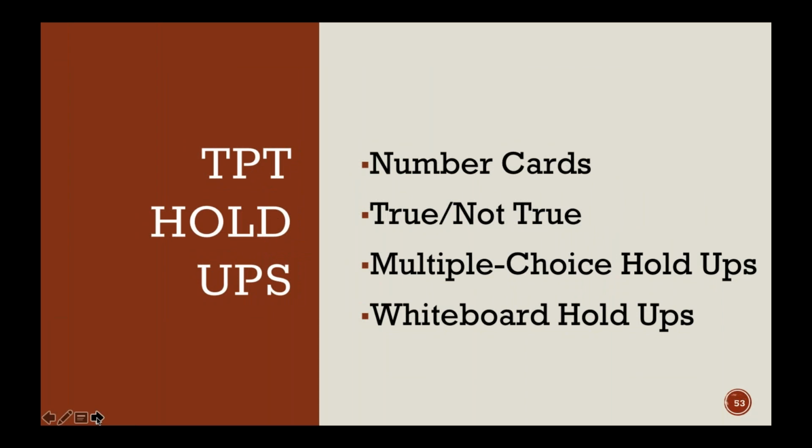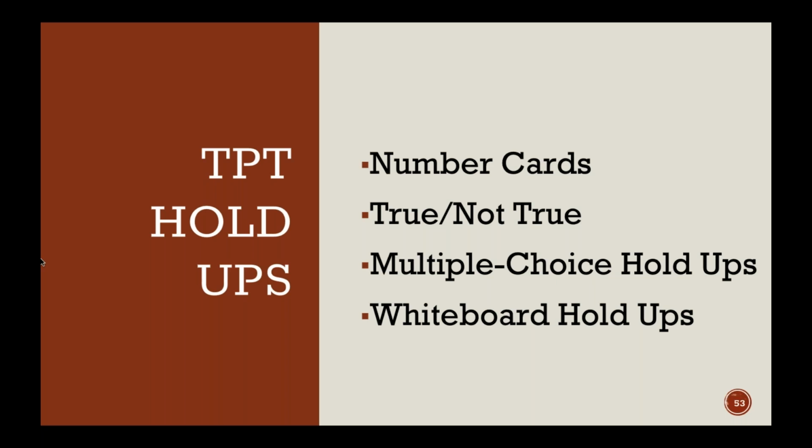So we covered some of these in our last section of on-demand or on-the-spot TPTs because they cross-section. You can use number cards. So in our elementary schools, we might have a 0, 1, 2, 3, 4, 5, 6, 7, 8, 9 on index cards, one number per card.